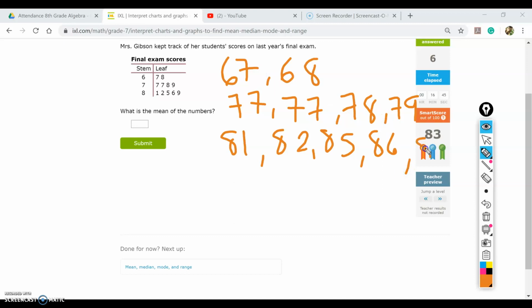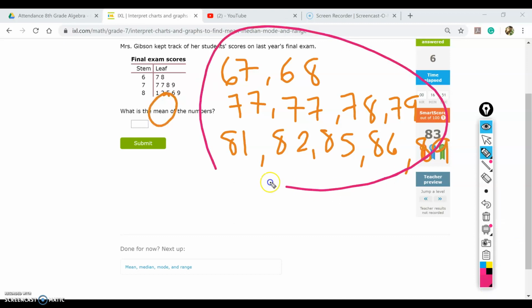And 89. So I need to find the mean, and in order to find the mean, I need to add all of these numbers and then divide by how many numbers I have. I have 1, 2, 3, 4, 5, 6, 7, 8, 9, 10, 11. So let me add them. Go ahead and use your calculator to add them as well.